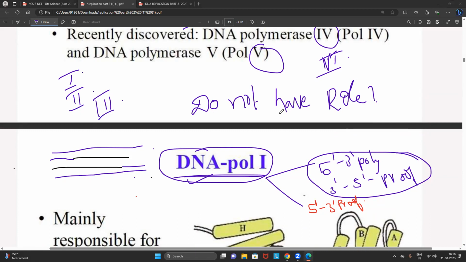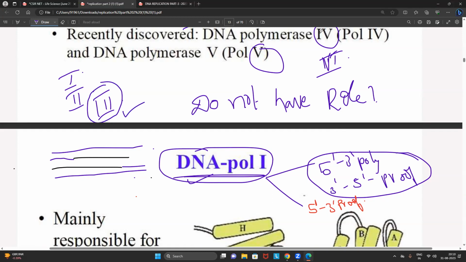Every student answer. See, every one of you, everyone. No, Srinivas, Pol2 has a minimal role. You all forgot. How come you people forgot? Pol3 is the enzyme which does not have any role in DNA damage repair.